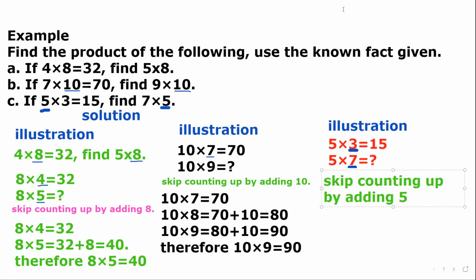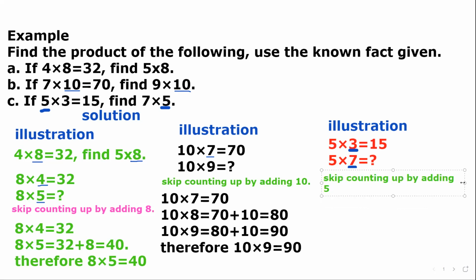Okay. Good. Now we know what to do. So you'll be adding the 5 to the known fact to get the immediate number, and then in that order. So let's start.